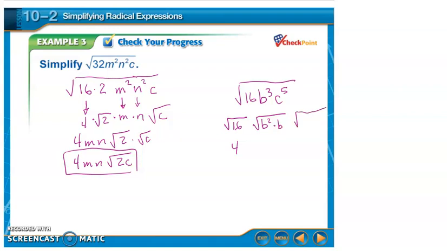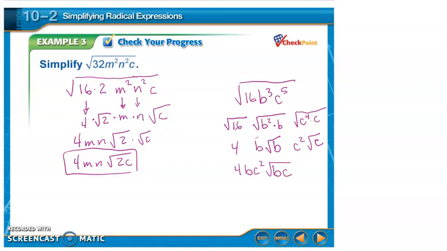Square root of c to the 5th would be c to the 4th times c. So square root of b squared is b, but the square root of b is stuck there. And then square root of c to the 4th is c squared, but the square root of c is stuck there. So this is 4bc squared square root of bc.